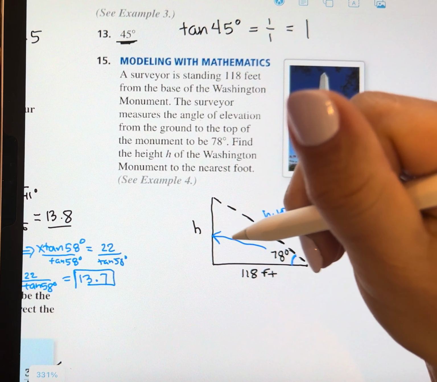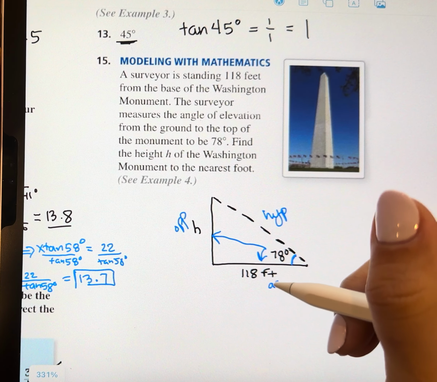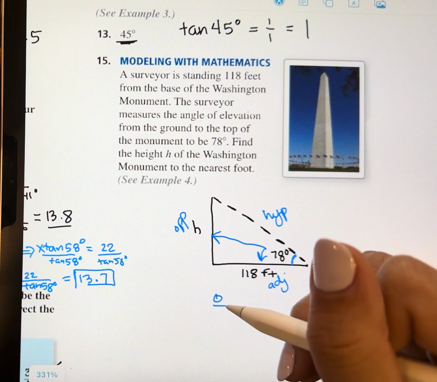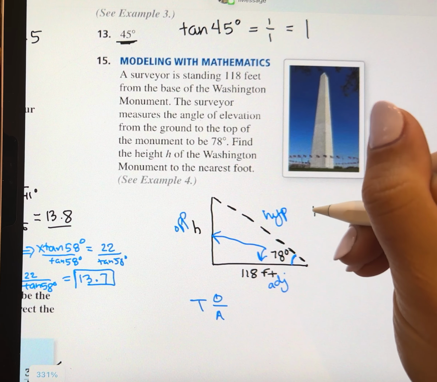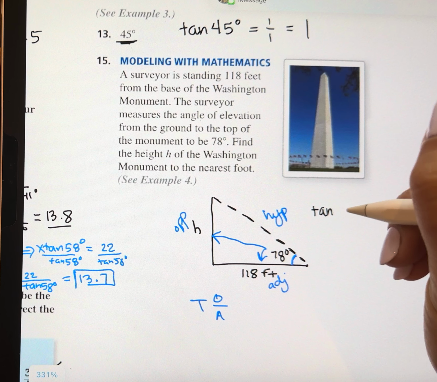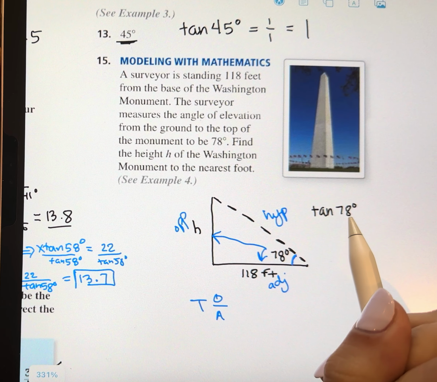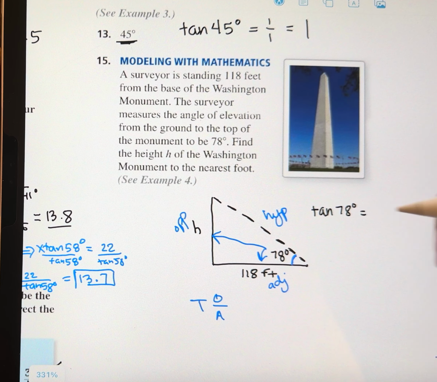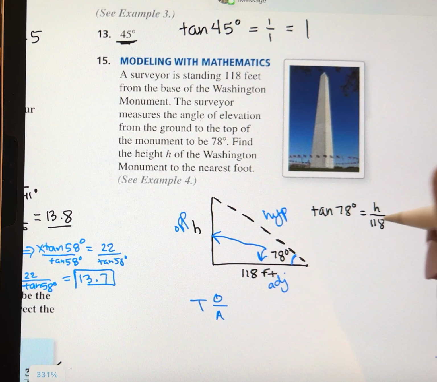I've got opposite, and I've got adjacent. Opposite and adjacent means tangent. So I'm going to do tangent of 78 degrees, always sine, cosine, tangent of an angle. Tangent of 78 equals opposite, which is h, over adjacent, which is 118.